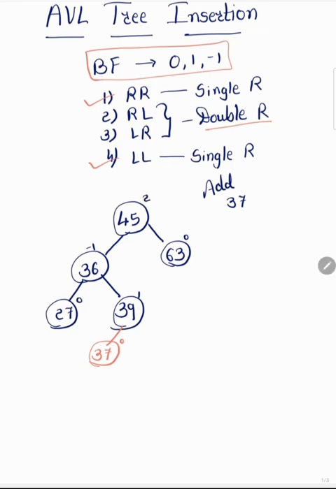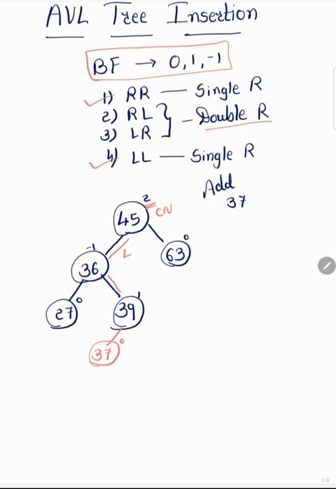Here this is my critical node, because it is 2. So 45 is my critical node. Now I need to check on which side the newly added node is added. First it is left, then it is right.